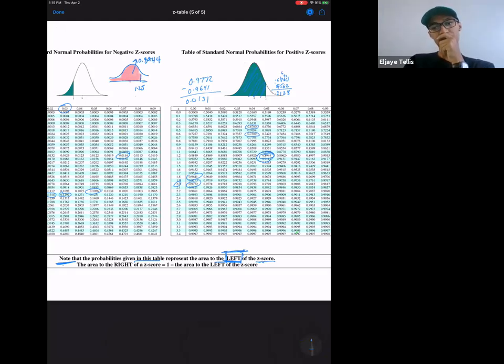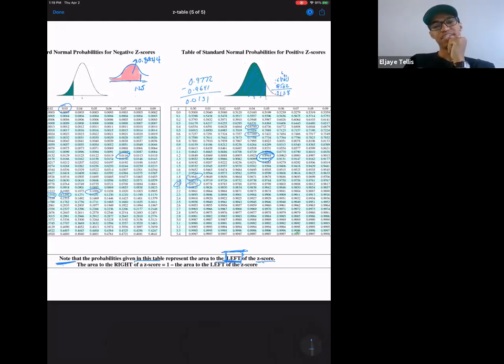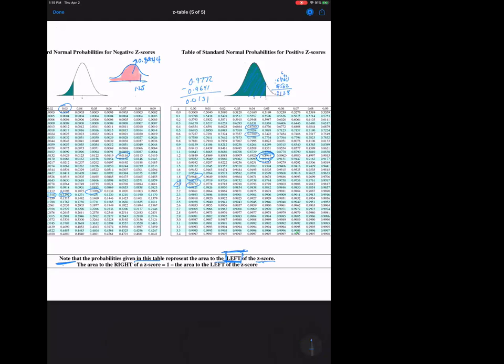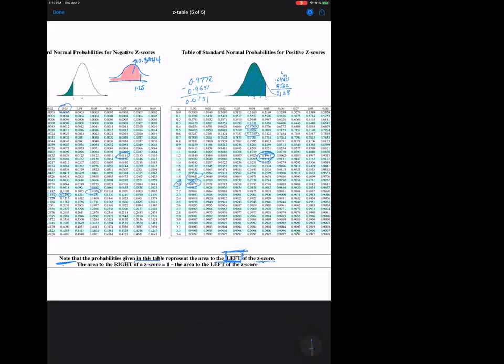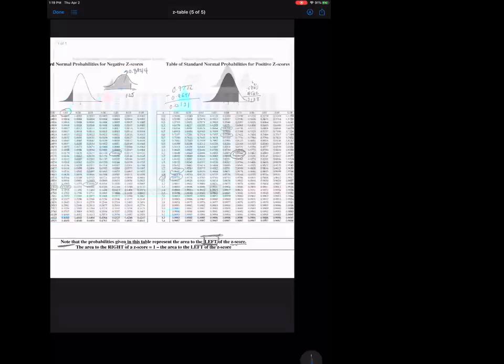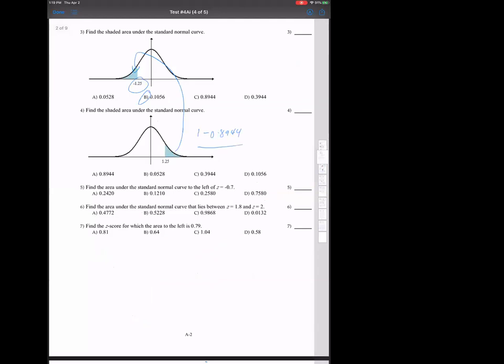And that's why the whole thing adds up to 1. Okay. And so if the whole thing adds up to 1, and that piece is already 89.44, to find the remaining piece, I have to subtract from the whole. Okay. So that's the first one, and that's why the answer was 1 minus 0.8944 to get the answer.